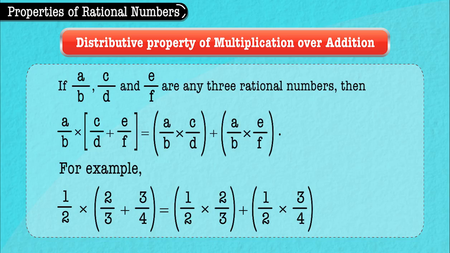This property says that if A by B, C by D, and E by F are three rational numbers, then A by B whole into C by D plus E by F is equal to A by B into C by D plus A by B into E by F.